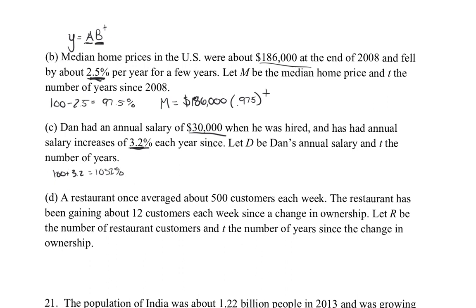And then we can put it in our formula. So D is going to be Dan's annual salary that is affected by time, and T the number of years. So A is our starting value, which we said was 30,000, and then the rate in decimal form to the T years. And so that is going to be the equation for part C.